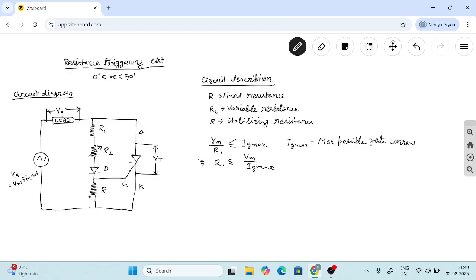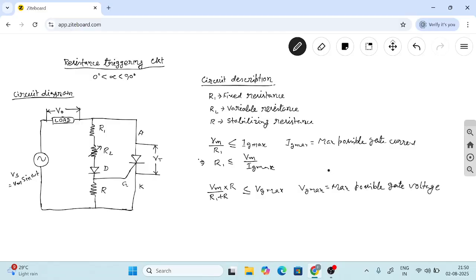So maximum voltage appearing across the gate is equal to Vm, the peak value, divided by R1 plus R, into R. It should not exceed the maximum possible gate voltage, that is Vg max, where Vg max is the maximum possible gate voltage.